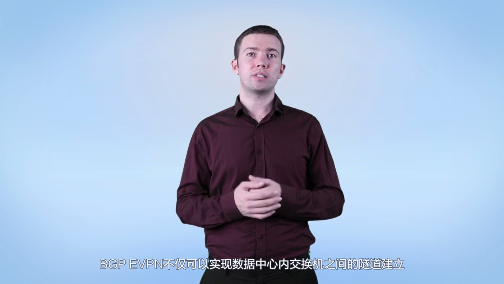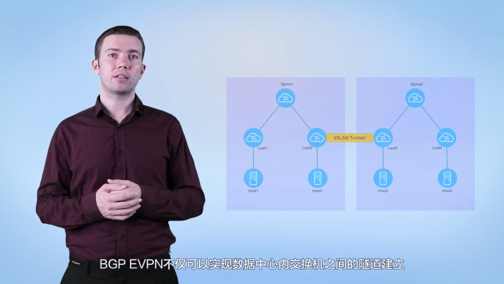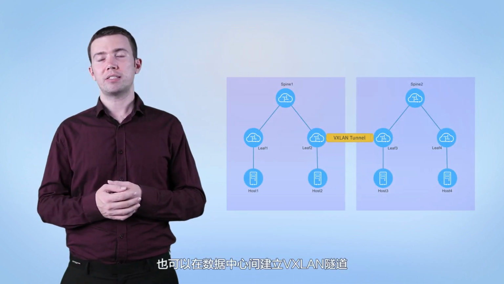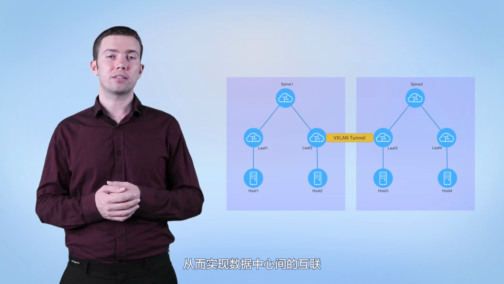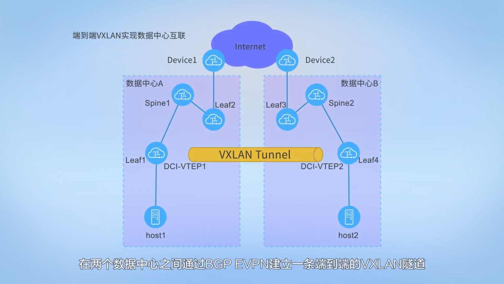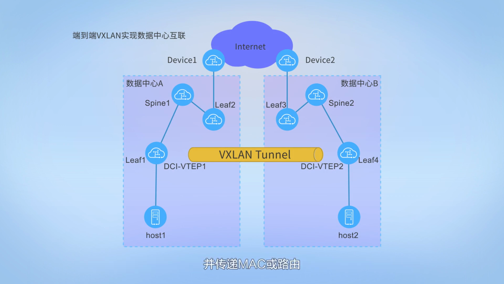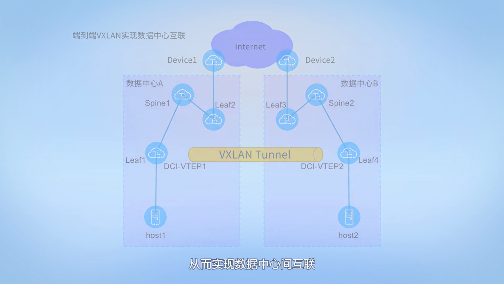Tunnels between switches in a data center and VXLAN tunnels between data centers can be established using BGP EVPN to implement inter-data center interworking. For example, in the E2E mode, an E2E VXLAN tunnel is established and MAC addresses or routes are transmitted through BGP EVPN between two data centers to implement inter-data center communication.